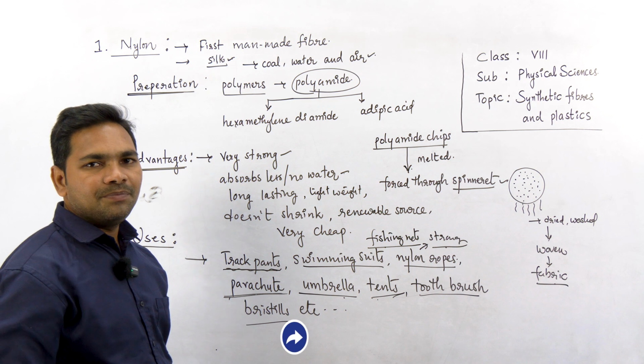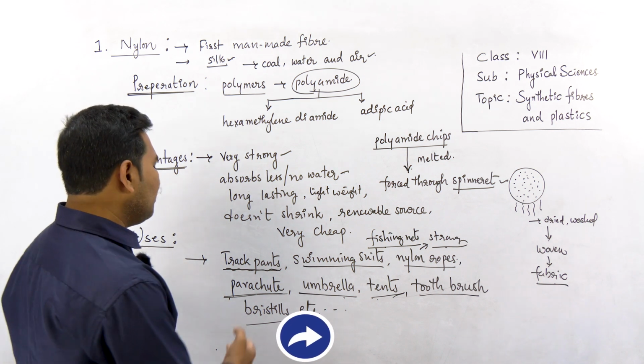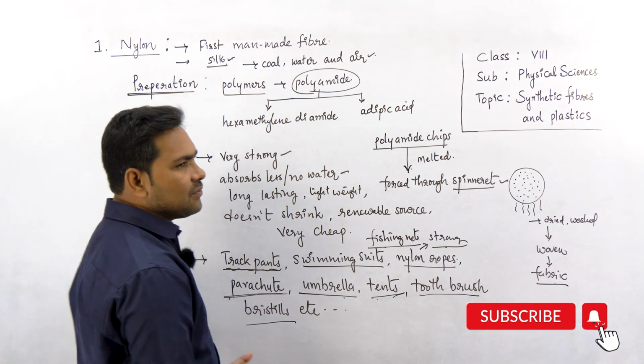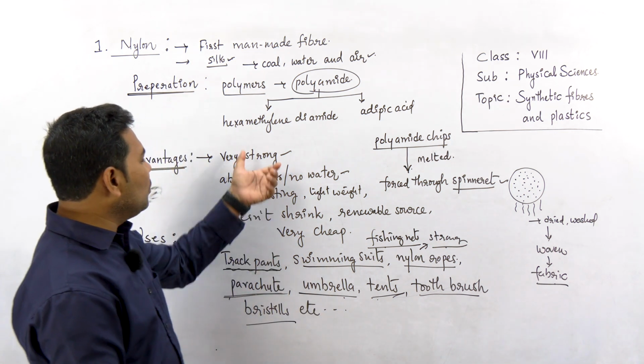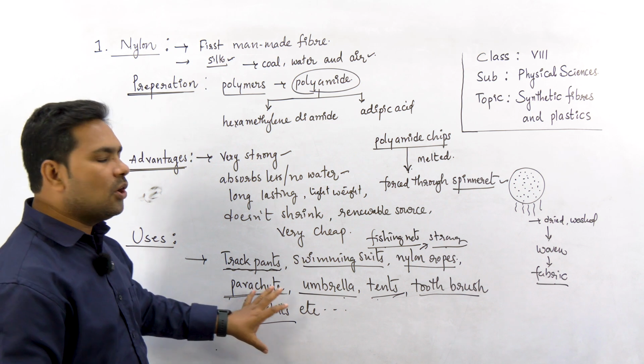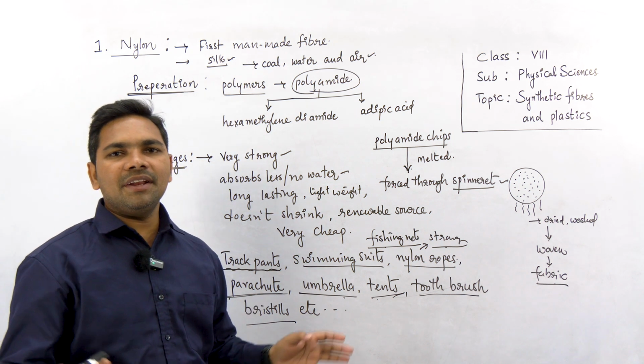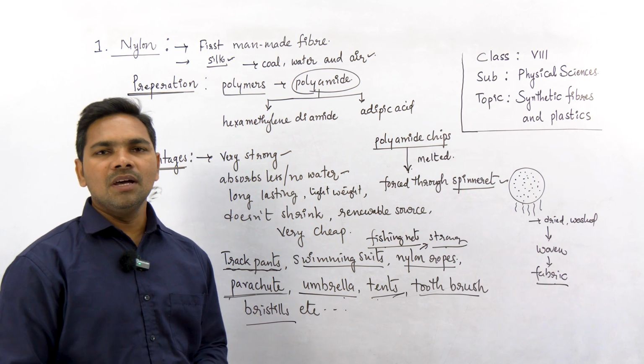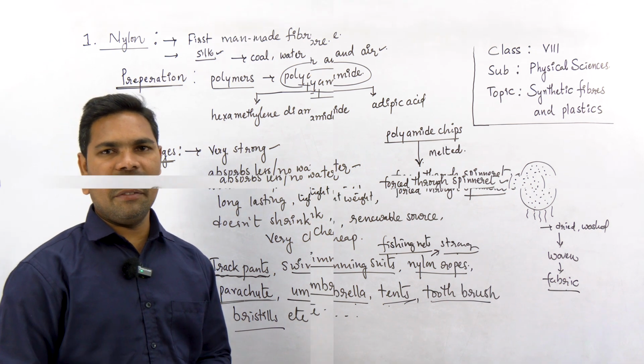So the parachute will be very strong and can be used. It's long lasting, right? For these various purposes, because of its unique properties, nylon is used in a very wide range, and it is used to make a large variety of products in our daily life.